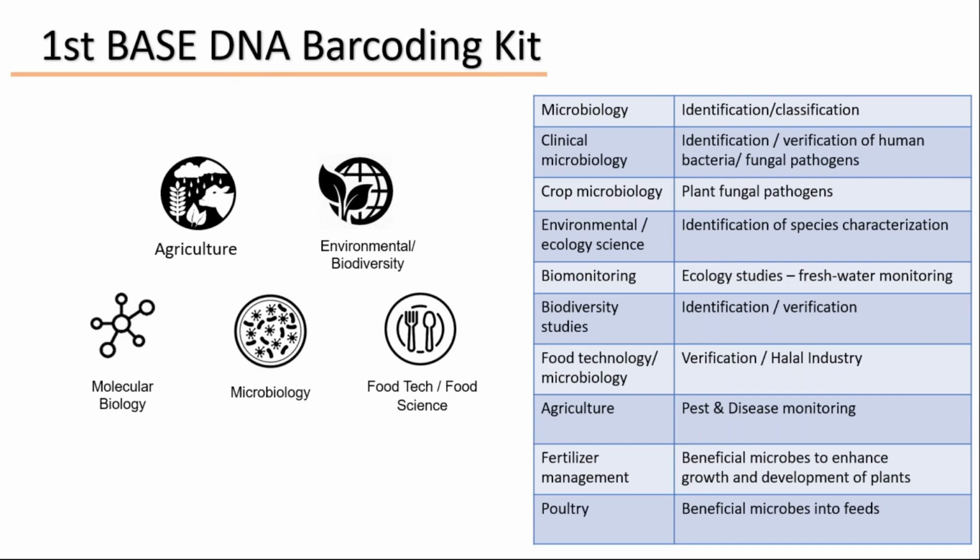Most of the researchers involved in these studies need to do a lot of identification or verification work. So in this case, you can try this barcoding kit, and you will see it is easy to use and gives you a pretty reliable result.